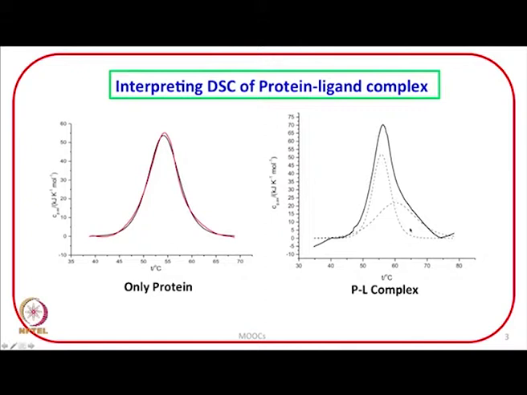Now, what could be the reason for these two endotherms? Let us discuss what is usually the meaning of one single endotherm, or what is usually the meaning of two endotherms which are deconvoluted under an overall single endotherm.